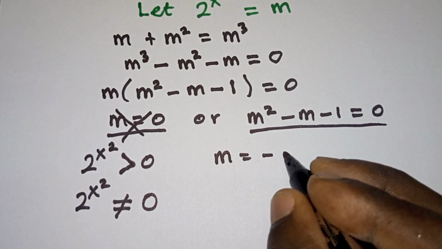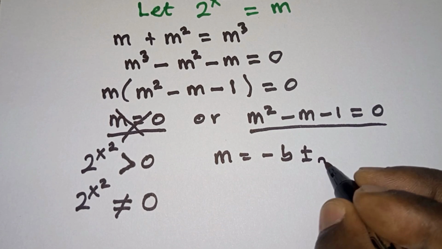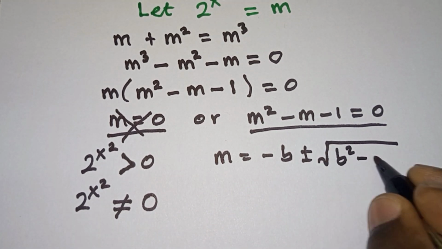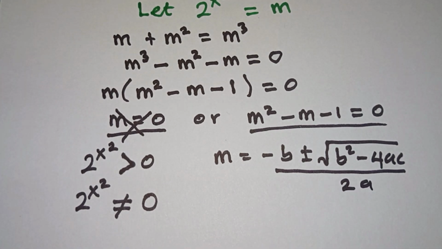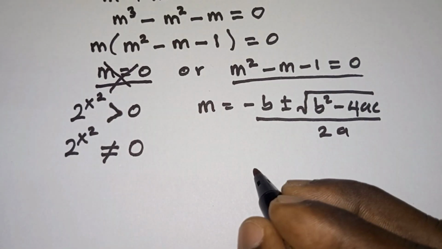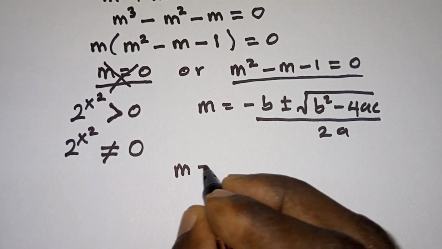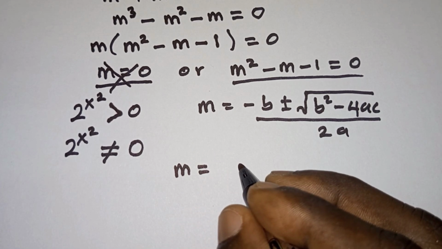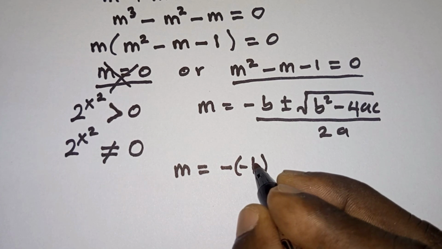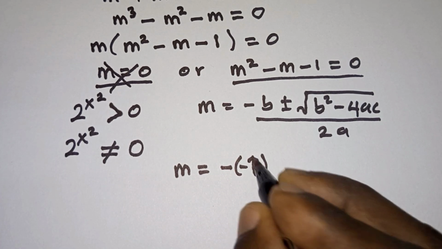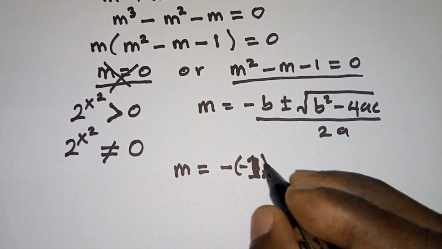We know that m is equal to minus b plus or minus square root of b squared minus 4ac, divided by 2a. That is the quadratic formula. So we know that b is equal to negative 1. So we're going to have minus 1. It is supposed to be minus 1. I wrote minus b.